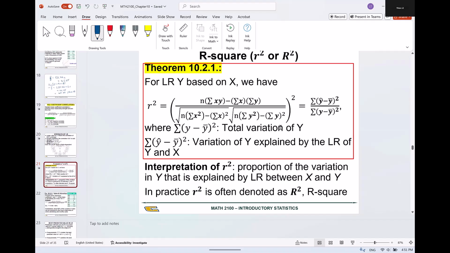Here is another quantity we call R square. You know what R square is?